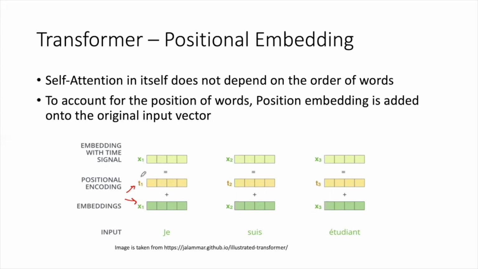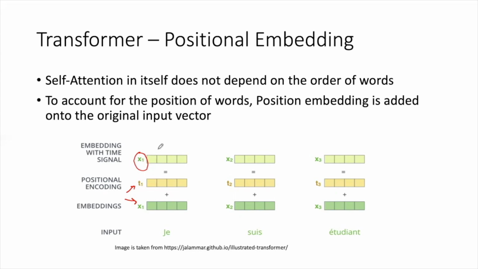It does not depend on what word is present at the first position. Irrespective of what word x1 is, there is a fixed vector corresponding to this position that is added to x1, and a new vector is generated. This vector is provided to the encoder. That's how it typically works.